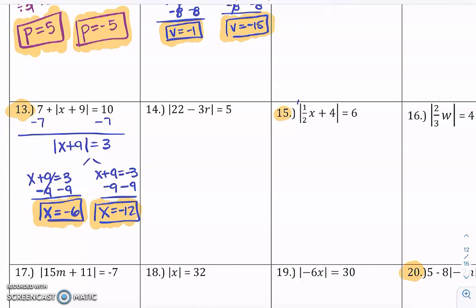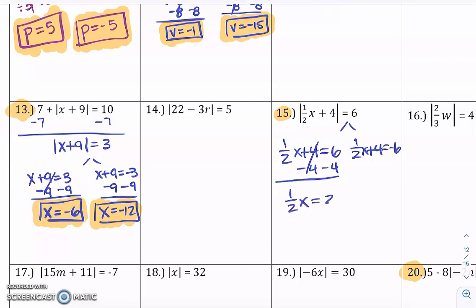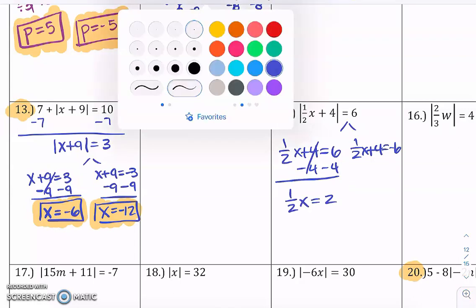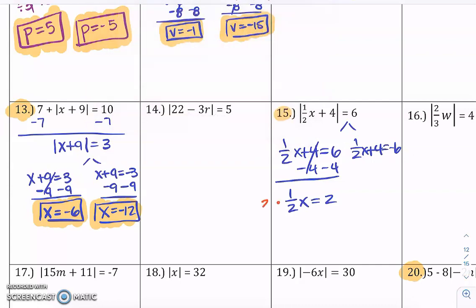So for this one, absolute value is the only thing over there, so you guys can start with splitting it. So we can say, okay, well, 1/2 x plus 4 could be 6. 1/2 x plus 4 could be negative 6. So we need to subtract 4. Get 1/2 x equals 2. And we just need to multiply both sides by 2.